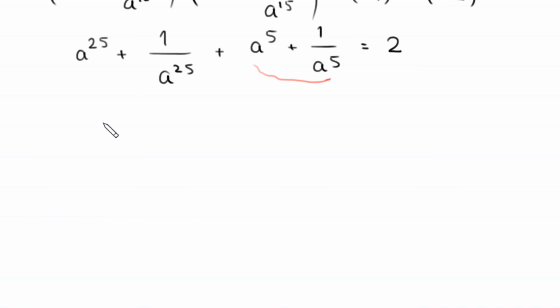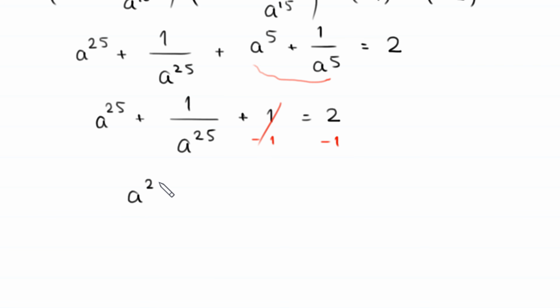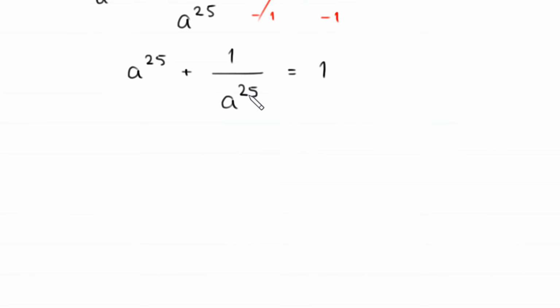So this will become a to the power 25 plus 1 over a to the power 25 minus 1 equal to negative 2. Add 1 to both sides, so this cancelled out. We are left with a to the power 25 plus 1 over a to the power 25 equal to negative 1. Now we take square of both sides of this equation.